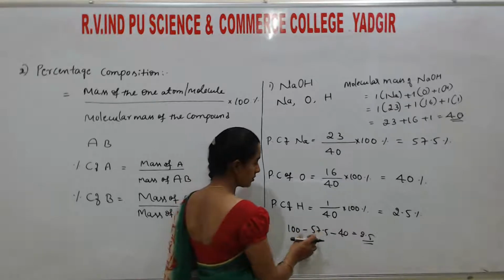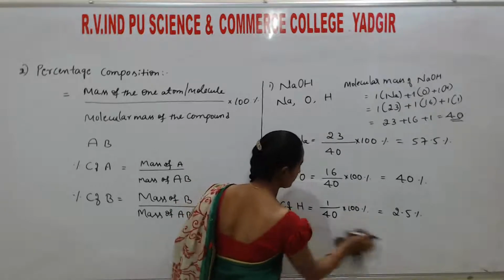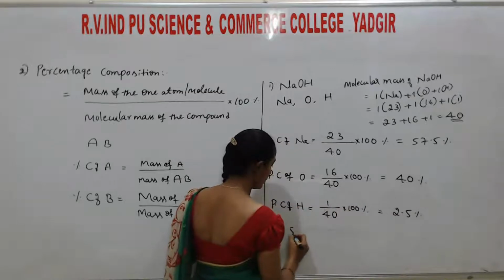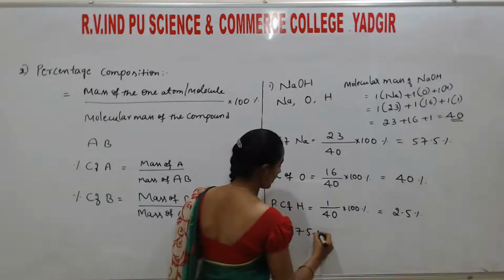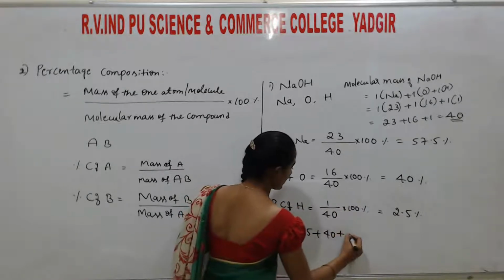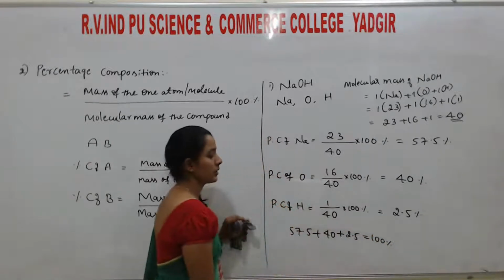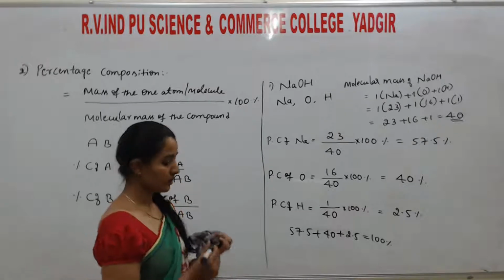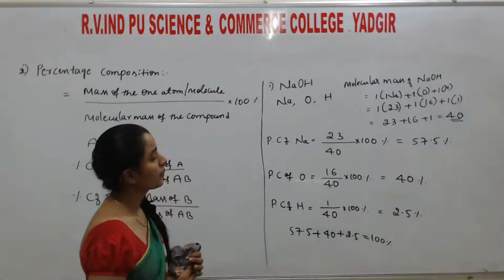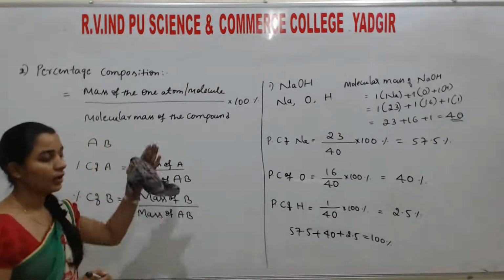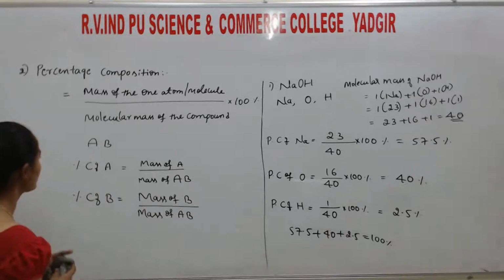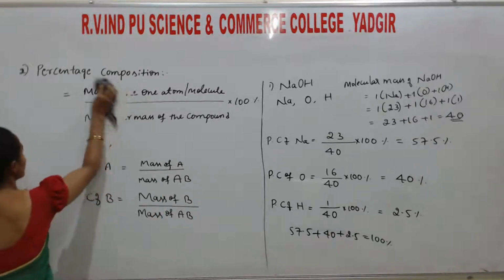Understood, students? If you add the composition of all three, 57.5 plus 40 plus 2.5 is equal to 100%. So this is how to calculate the percentage composition of the atoms. This is NaOH. Similarly, we will do another problem.